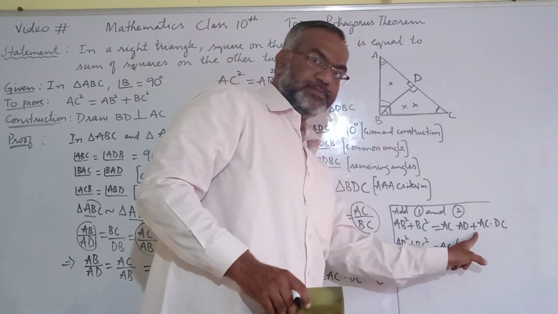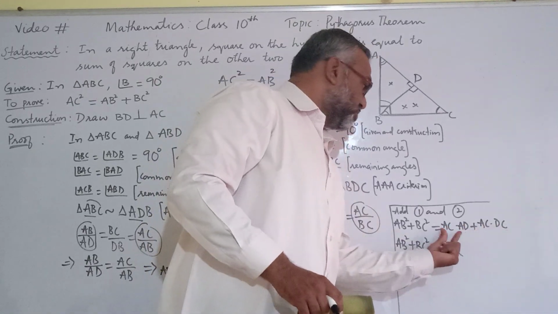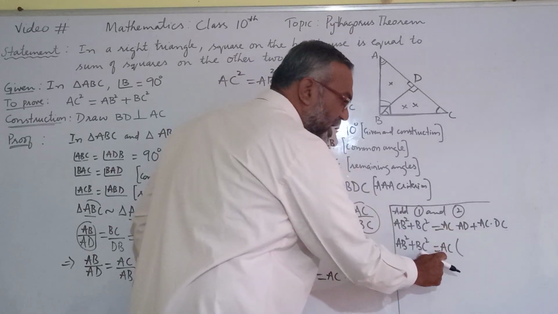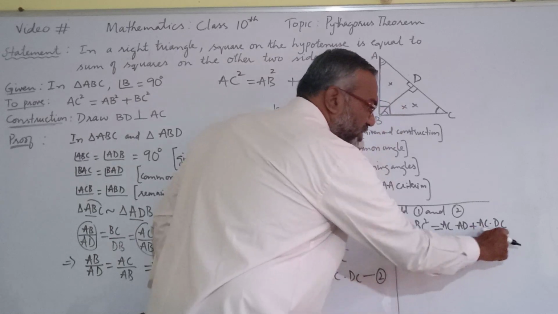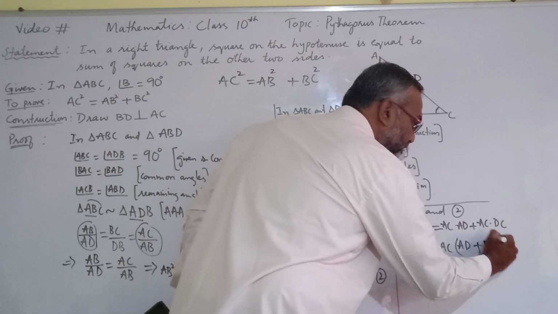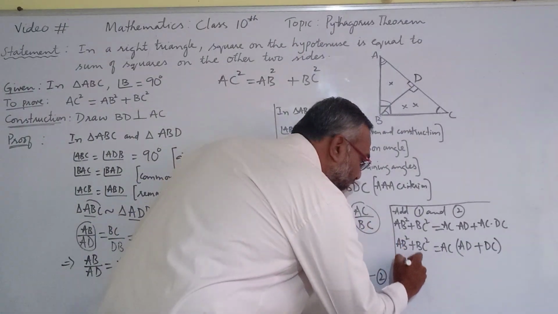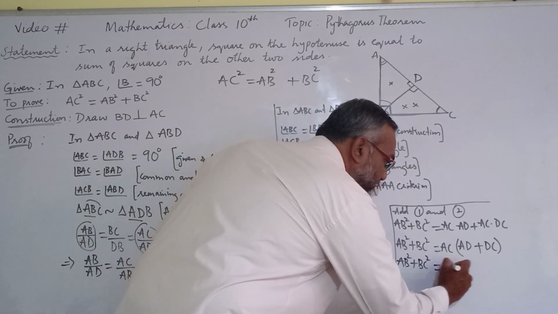What is left here? AD. Plus, from this also we are taking AC common. So what is left? DC.